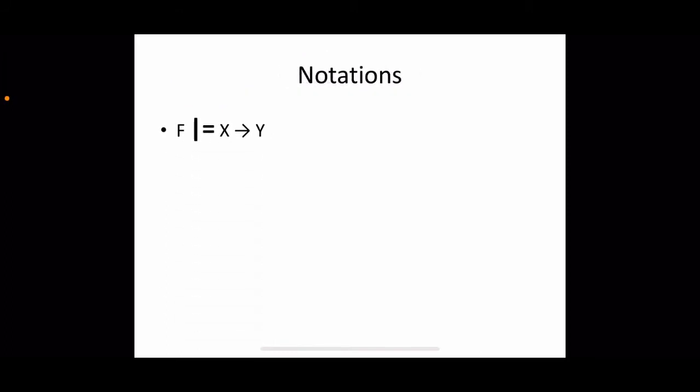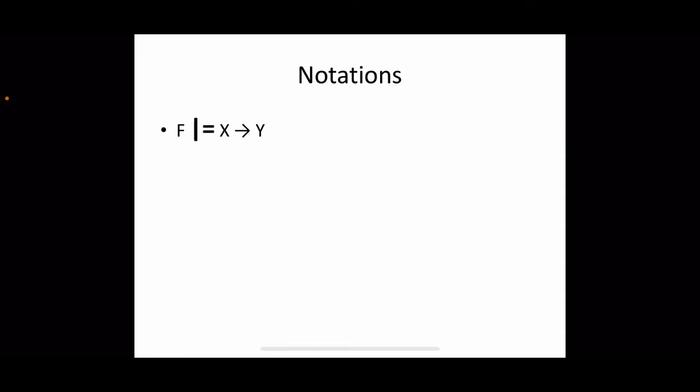Now we will see some notation. First, the notation for inference. F is the given set of functional dependencies and a new functional dependency X determines Y is inferred from this F. This can be represented using a vertical bar and equal to symbol.